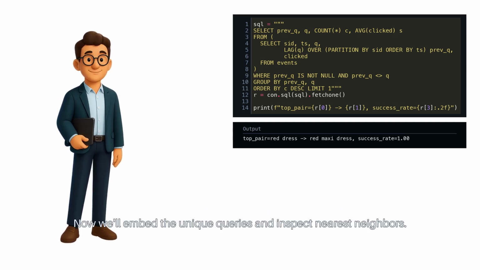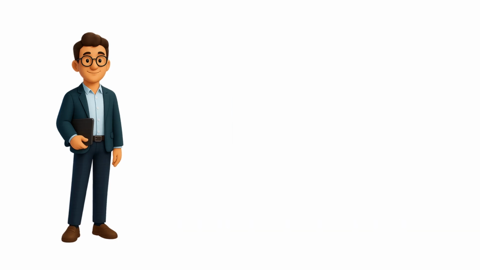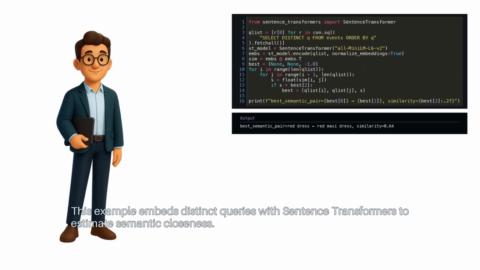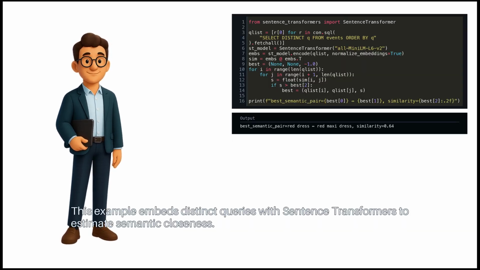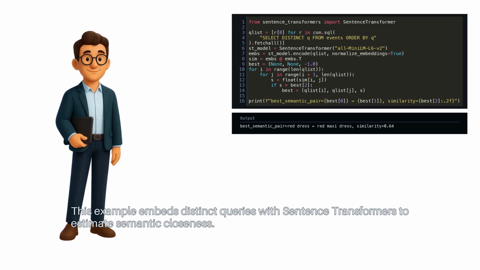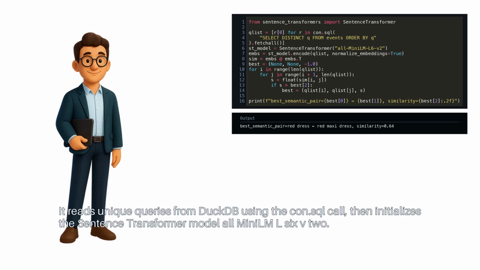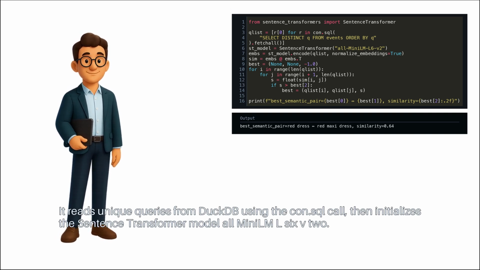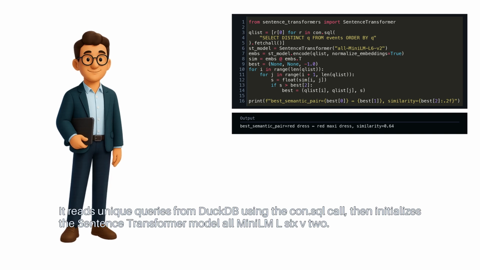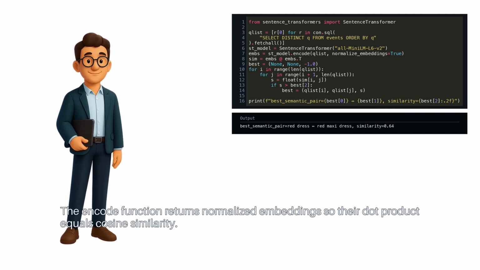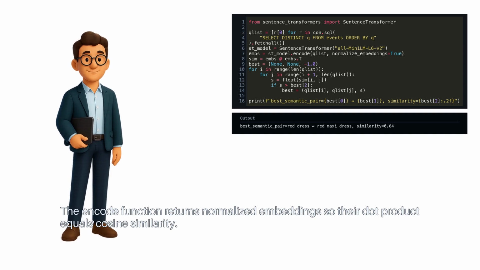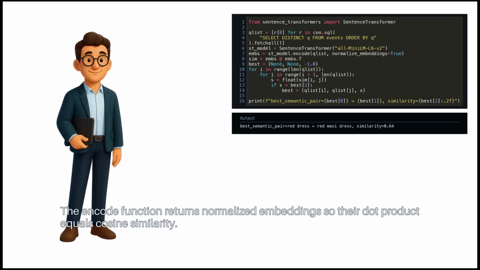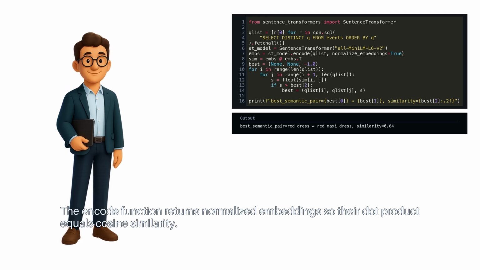Now, we'll embed the unique queries and inspect nearest neighbors. This example embeds distinct queries with SentenceTransformers to estimate semantic closeness. It reads unique queries from DuckDB using the con.sql call, then initializes the sentence transformer model, all-MiniLM-L6-v2. The encode function returns normalized embeddings, so their dot product equals cosine similarity.